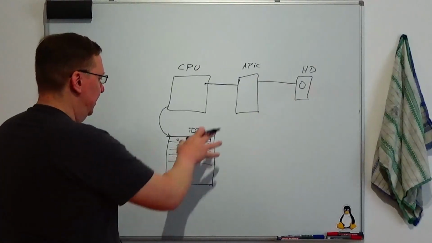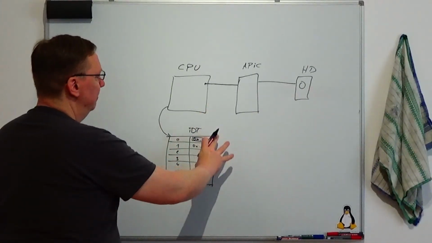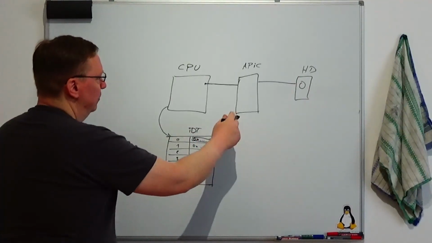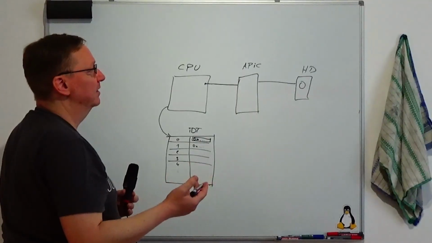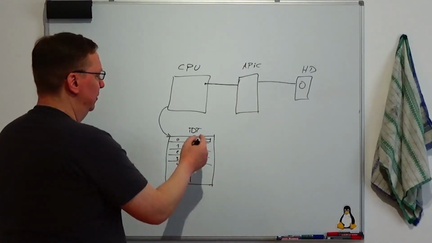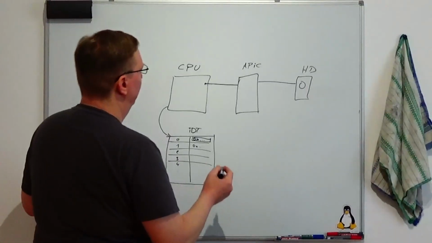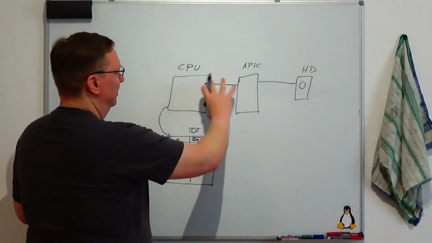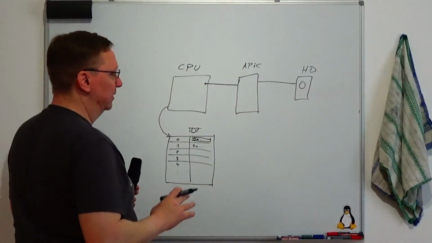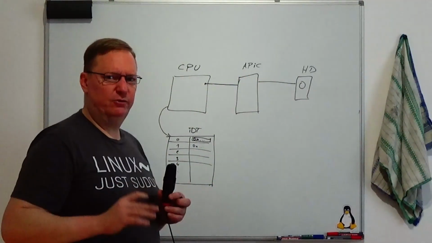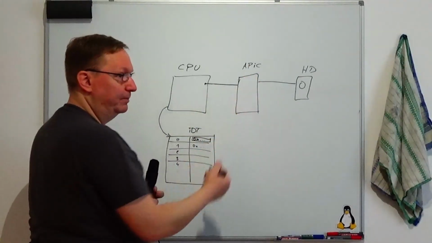And when it's done handling the interrupt, then it will return. There's actually a separate assembler command, IRET, to return from the interrupt, and that also frees the connection to the interrupt controller.